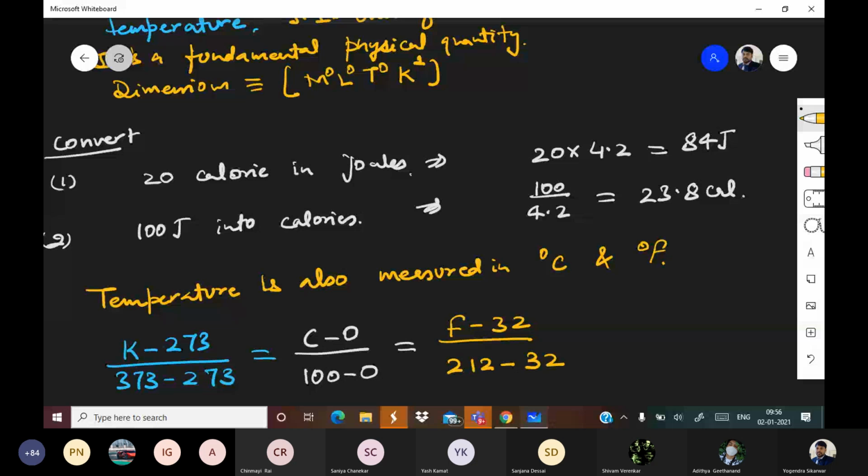Okay, so you can use this formula to convert temperature from one system of unit to another.